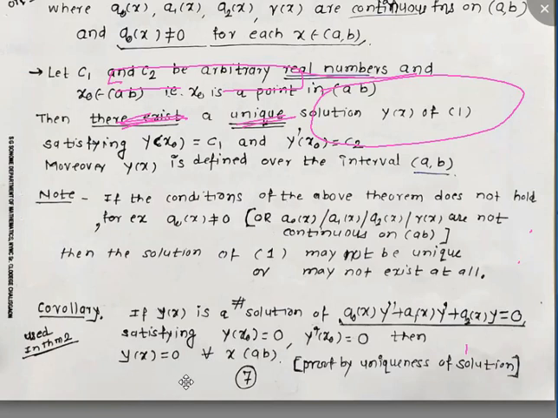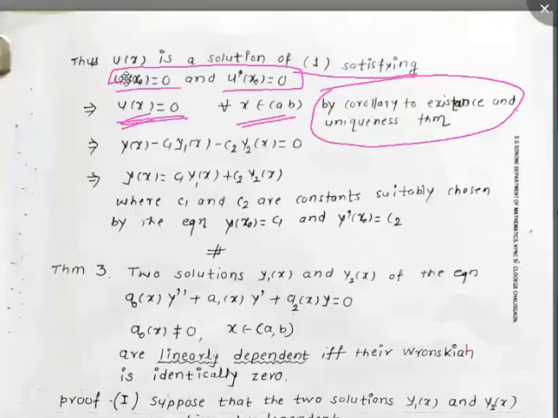That is, it is 0 for all x. So we are using this corollary. So u(x) is a solution of 1 and it satisfies these two conditions. Its value at x0 is 0 and the value of its derivative at x0 is also 0. So it is identically 0 for all x in A.